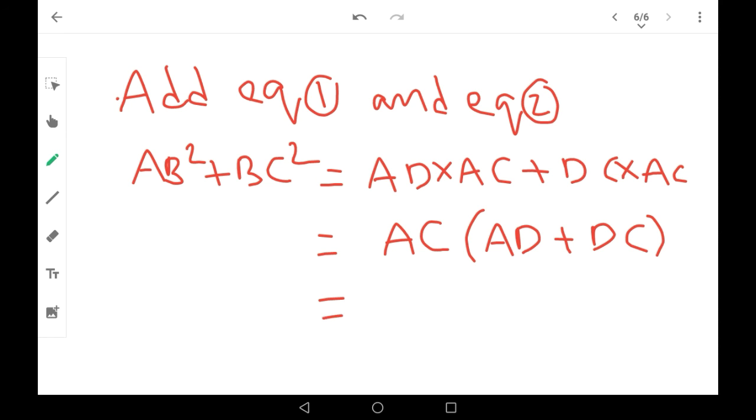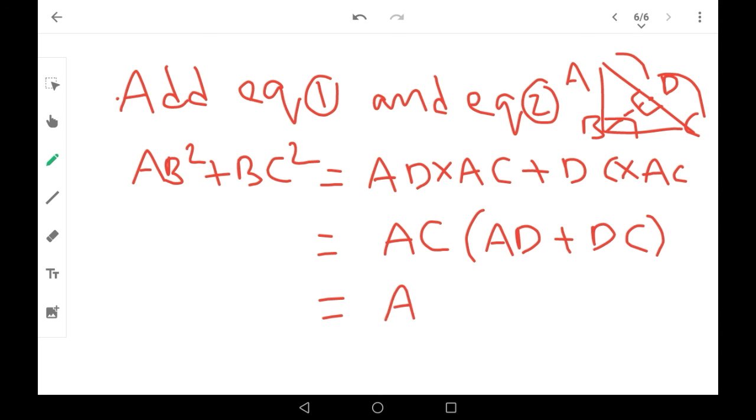Now just see the triangle. For your reference, I am drawing it again. ABC is the right angle triangle, right angled at B. And I have drawn a construction, this is D. Now see here, AD plus DC is equal to AC.